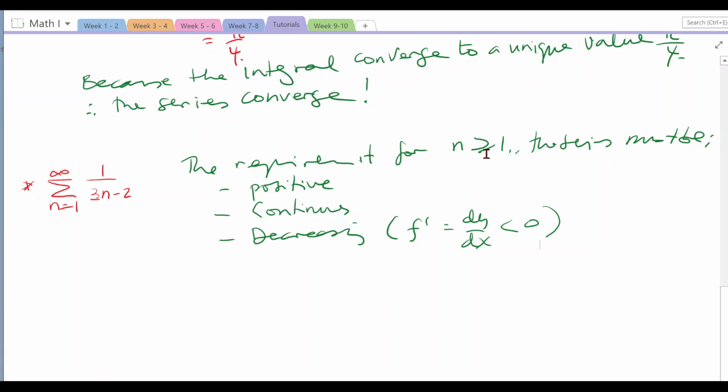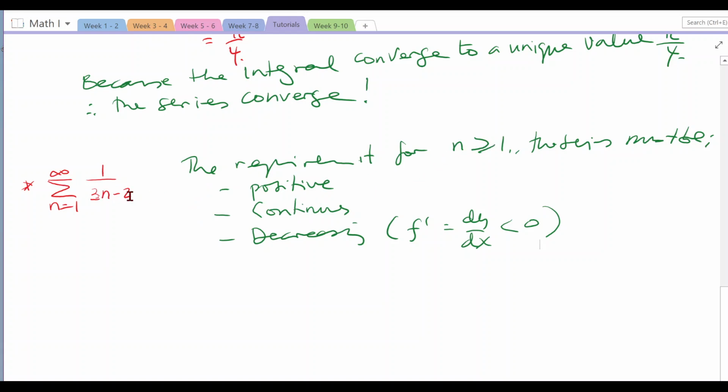So let's see. If we substitute 1 in this case, 1 over 3 times 1 is 3, minus 2 is 1. If it is 2, 3 times 2 is 6, 6 minus 2 is 4, so 1 over 4 and so on. So it is positive for n greater than or equal to 1. It is also continuous for any value of n greater than or equal to 1.